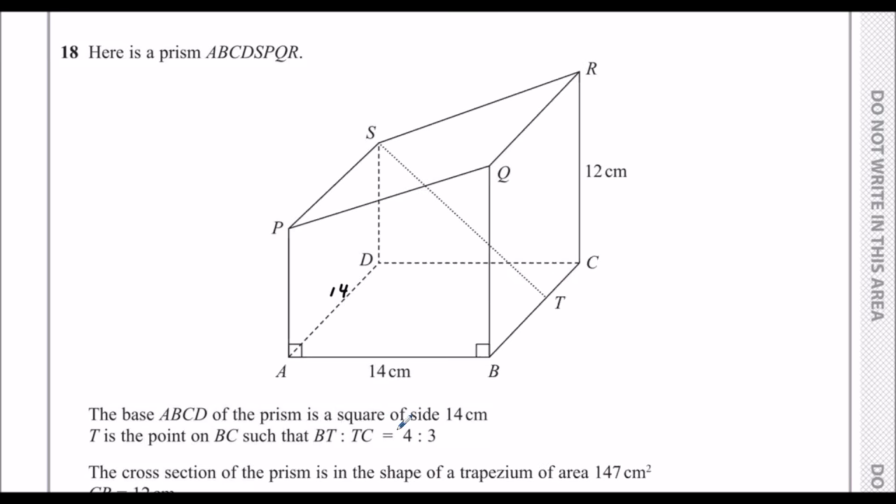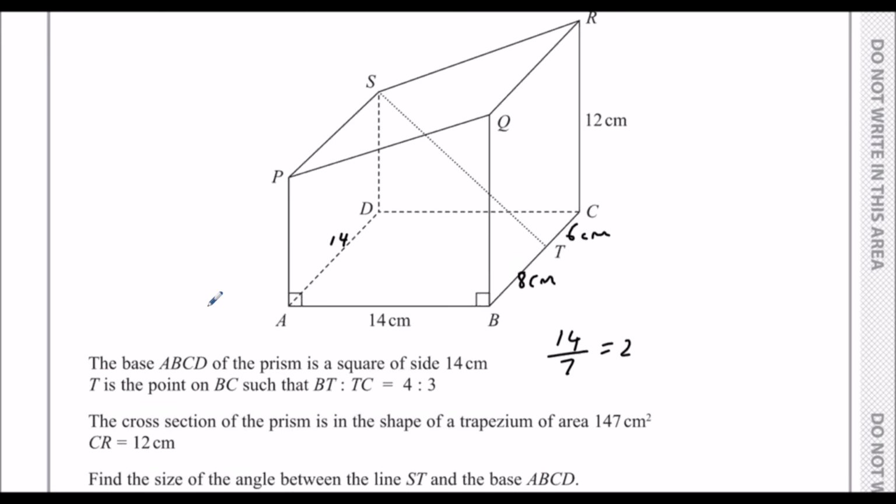So we've got 4/7 and 3/7. But we know the length's 14. So 14 divided by 7 is 2. So each part's worth 2. So BT is 8 centimeters and TC is 6 centimeters.